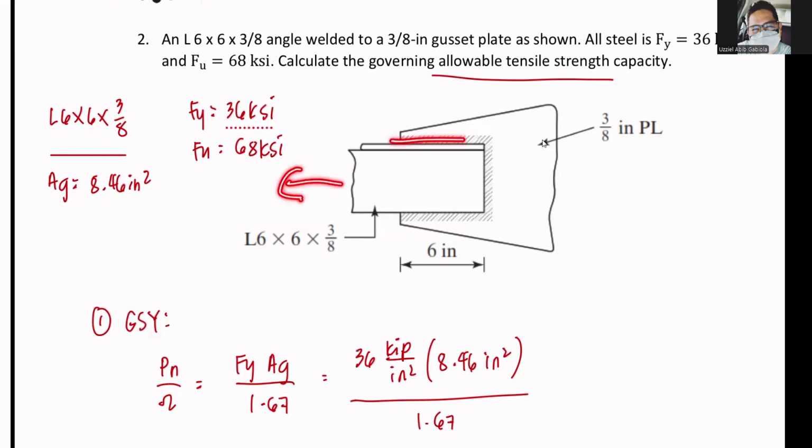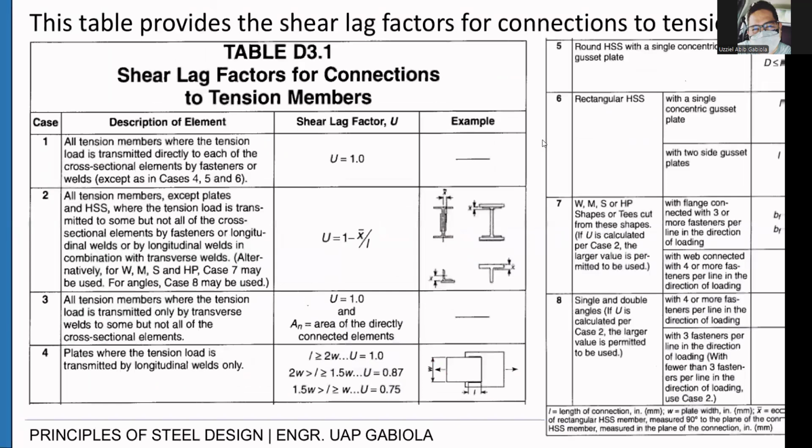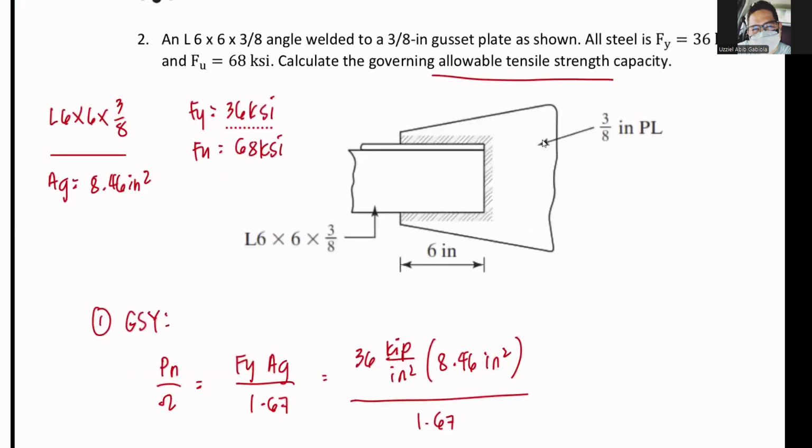This is the longitudinal, and this is the transverse, so it is a combination of the two. So for this case we will just use case 2, because we do not satisfy either case 3 or 4. Case 3 is only for transverse welds, or when the weld is perpendicular. So case 2 only for this problem.